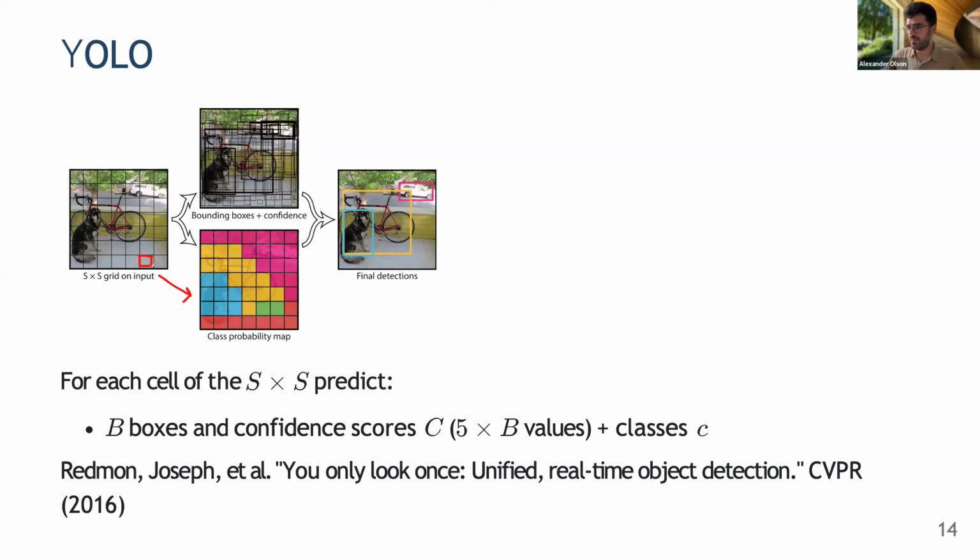And this number of bounding boxes is set beforehand. It's sort of like a maximum number, and usually this is a high number. So maybe it's 50, maybe it's 100. And we're going to predict everything that we can possibly find in the image that could conceivably be an object.